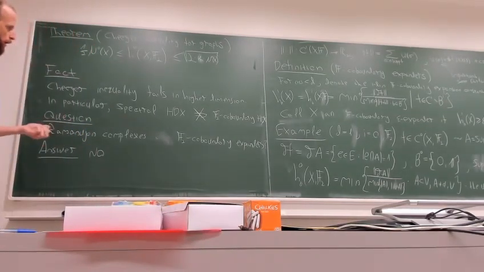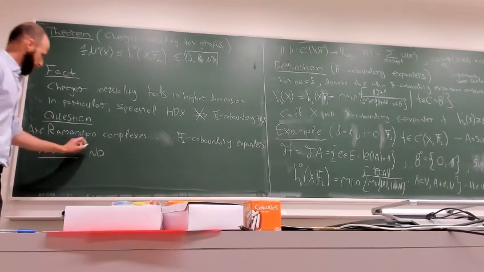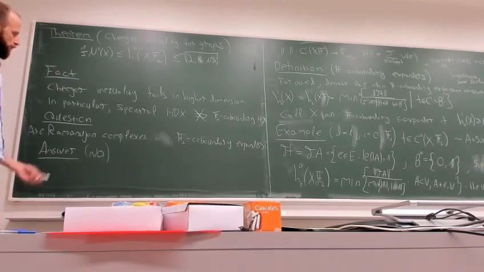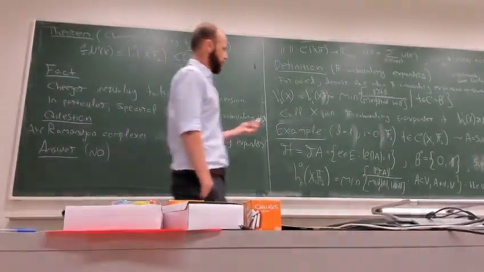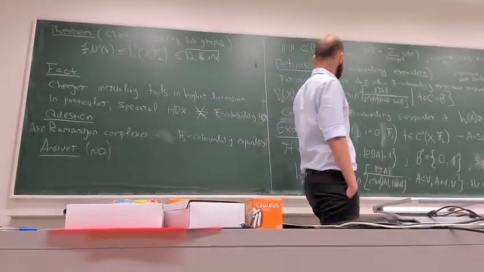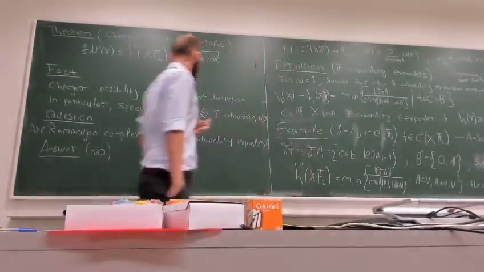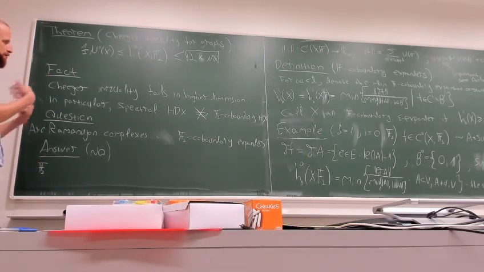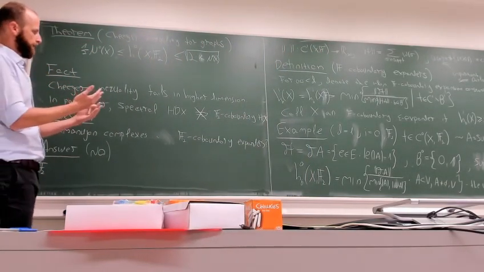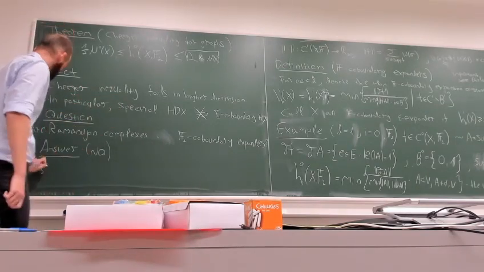Let me tell you how easy it is to show that something is not an F2 coboundary expander. Recall that F2 coboundary expansion should be a strengthening of the connectivity property.